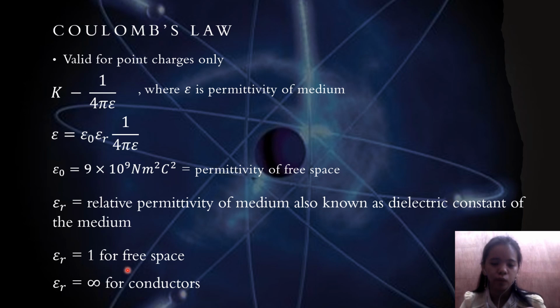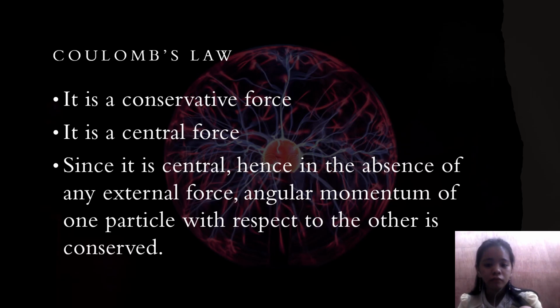Epsilon r is equal to 1 for free space, and epsilon r is equal to infinity for conductors. Coulomb's force is a conservative force. It is a central force. Hence, in the absence of an external force, the angular momentum of one particle with respect to the other is conserved.